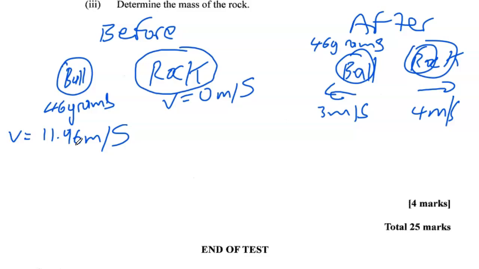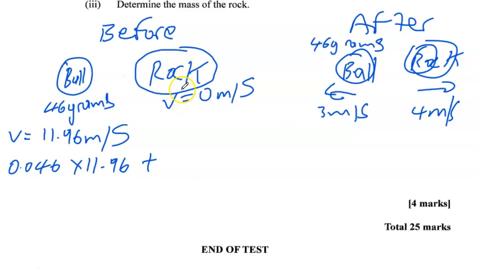So the principle of conservation says that momentum before equals momentum after. The momentum before for the ball is mass times velocity. By the way, convert the mass to kilograms, we divide by 1,000. So the mass is 0.046 and the velocity is 11.96, plus the momentum for the rock.